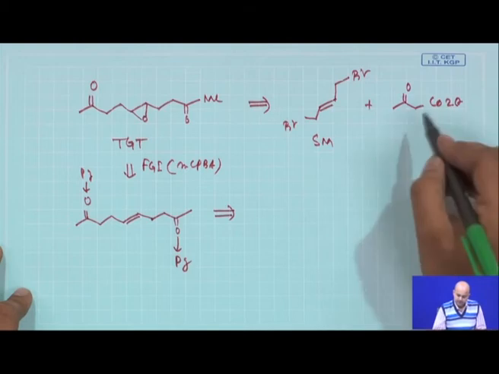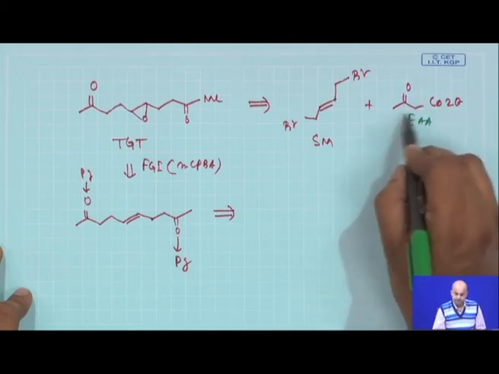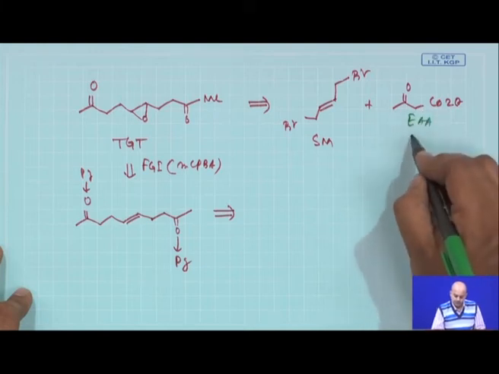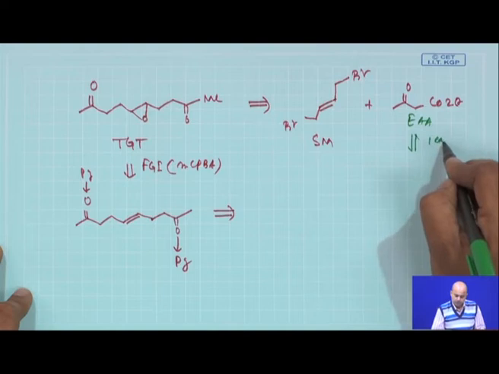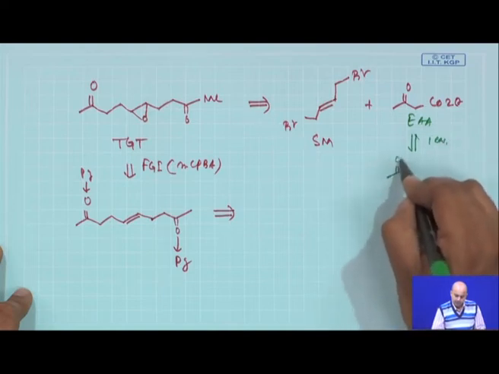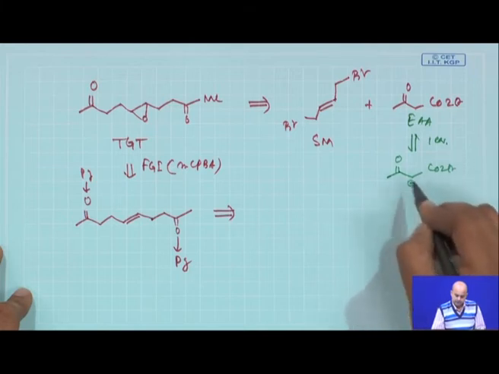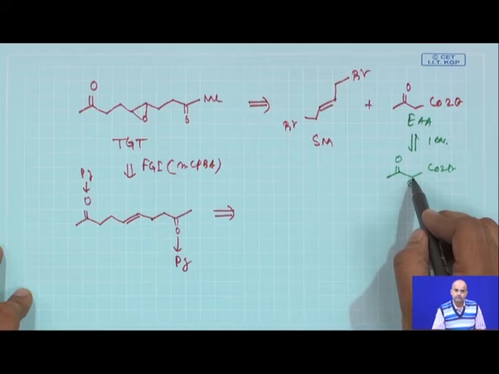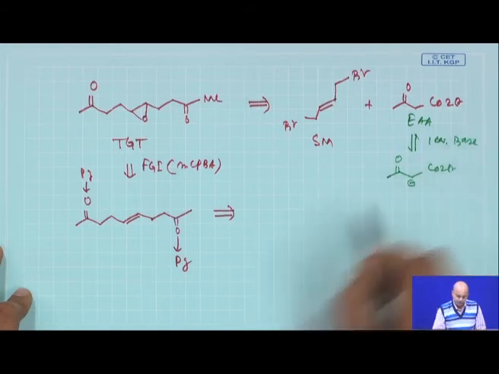Now, here the starting material given is ethyl acetoacetate, which is a very simple starting material, and ethyl acetoacetate you all know, if you treat it with one equivalent of base, it basically gives you this carbanion, because this hydrogen is extremely acidic. So, one equivalent of base will give you this.